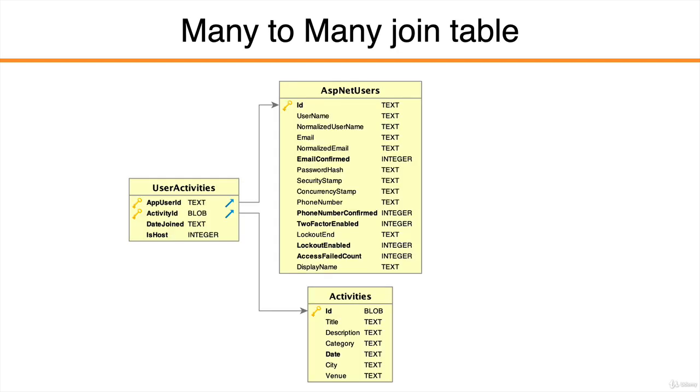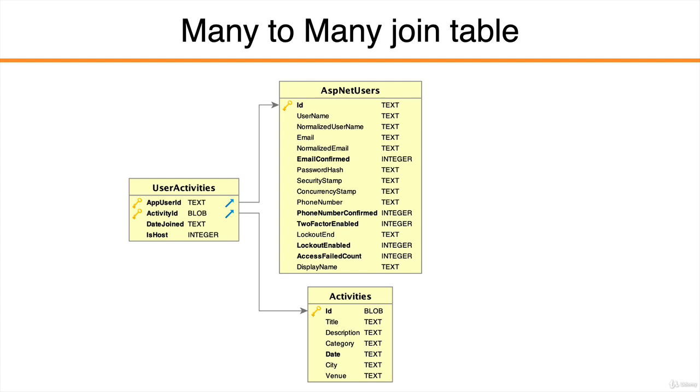If we look at an example of a many-to-many join table, our user activities table would have a primary key made up of a combination of the app user ID and the activity ID. It would have a foreign key related to the activity ID in the activities table, and a foreign key related to the ID in the ASP.NET users table as well.